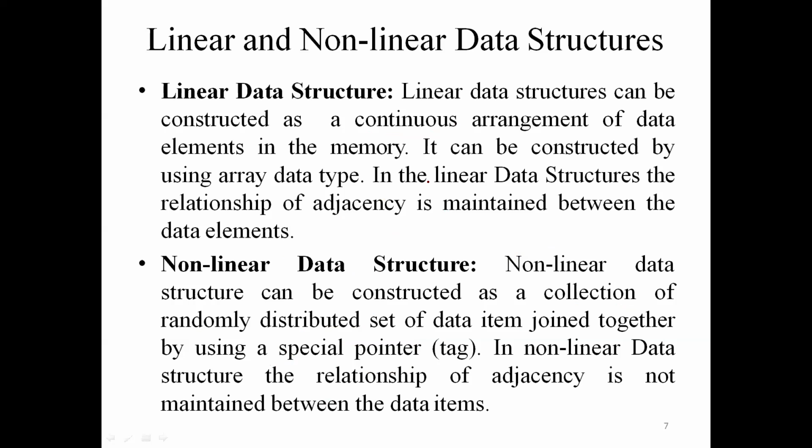Here, this one you can find in linear data structure: the relationship of adjacency is maintained between the data elements. Yes, because an array, for example, is a linear data structure. With the index, I can just directly increment the index value and access the next data.